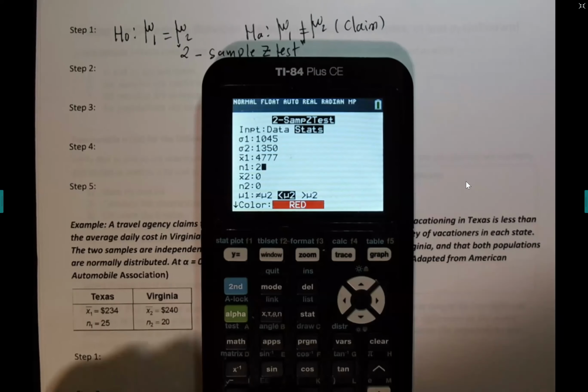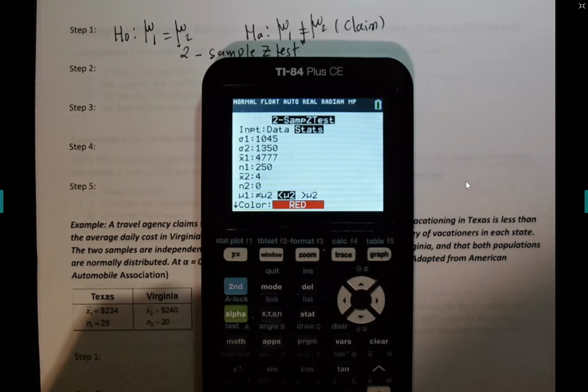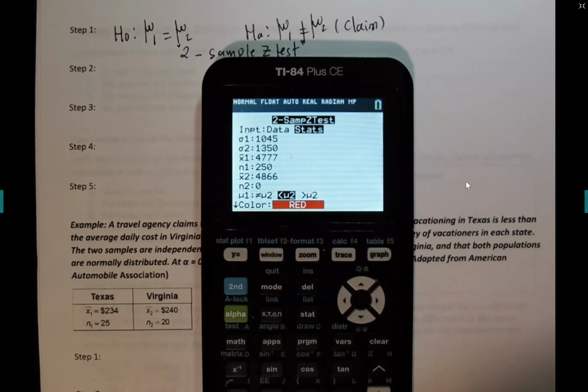N1 250. You see, he didn't say that the populations are bell-shaped, normally distributed. That's okay. He gave us a sample size which is large enough, so we're good here. X2 bar is 4866. I'm looking at the previous page, guys. N2 is 250 as well.